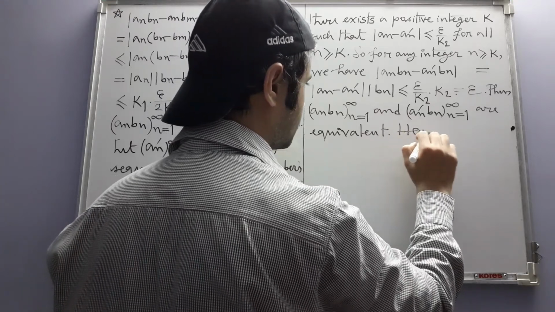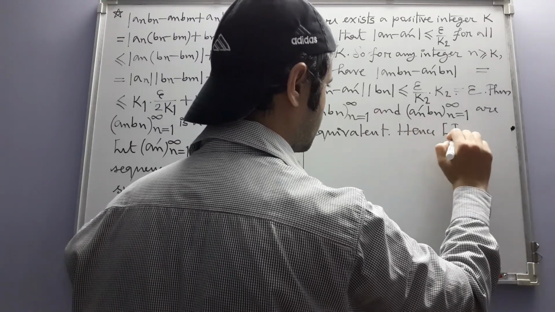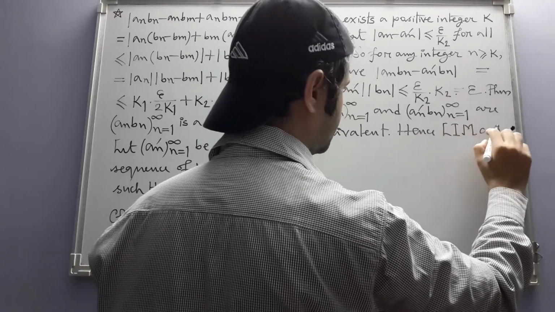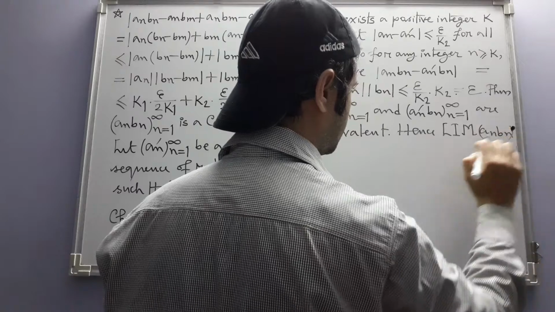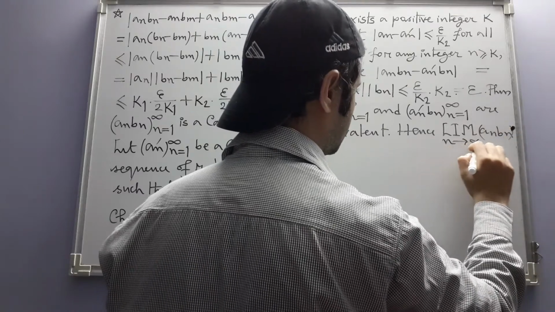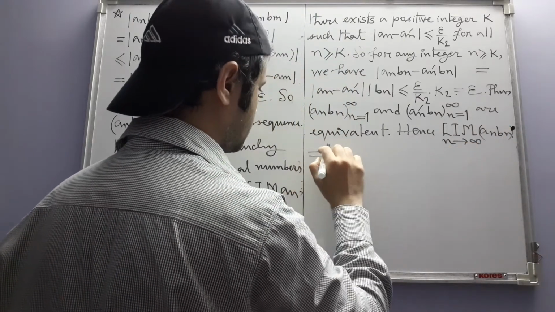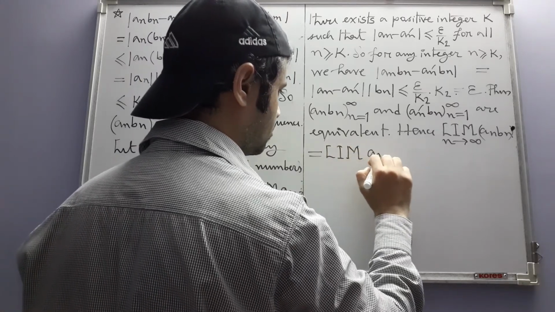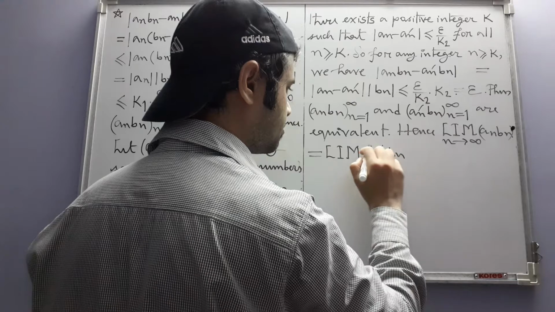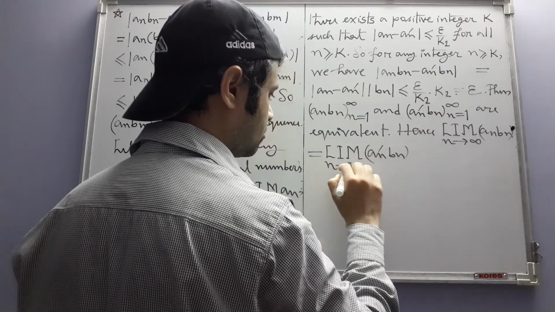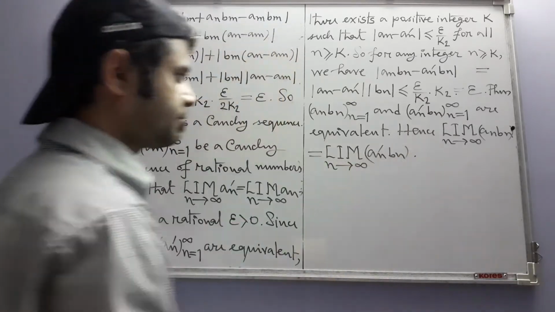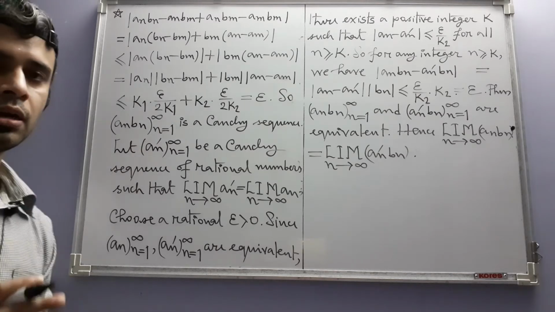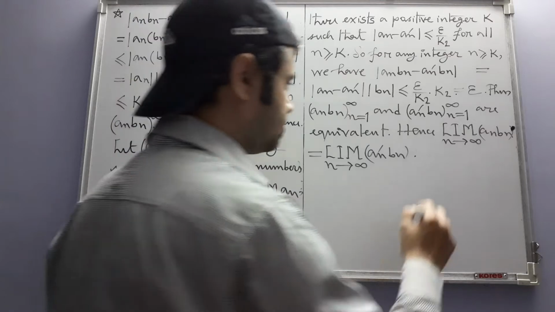Hence, their formal limits by definition are equal. So this proves that multiplication of real numbers is well defined.